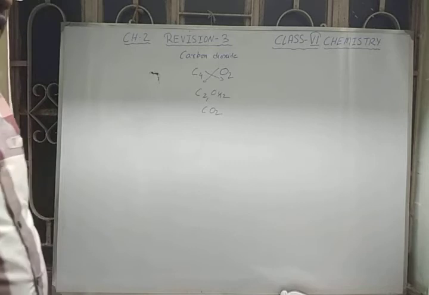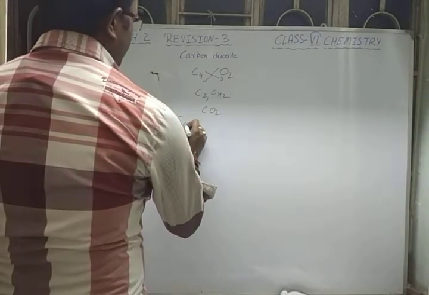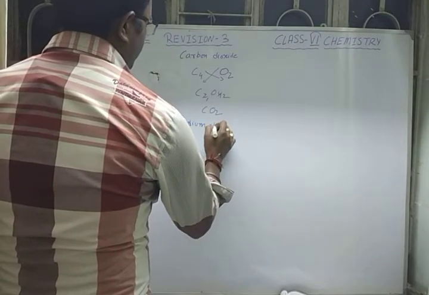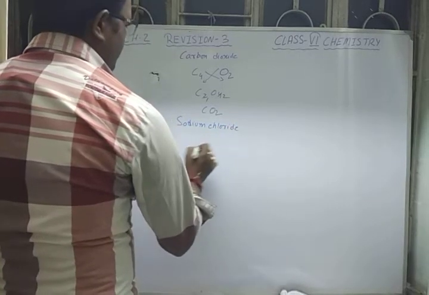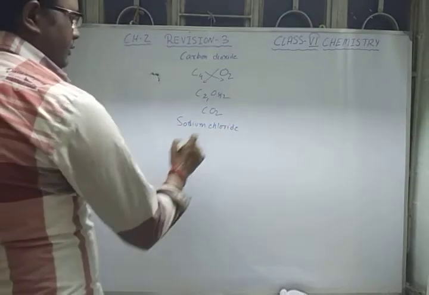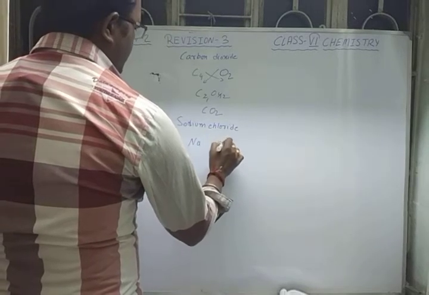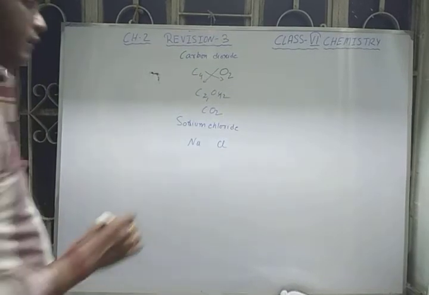Now one more simple formula I want to explain to you, that is sodium chloride. As you can understand from the name, sodium is there and chlorine is there. The symbol of sodium is Na and that of chlorine is Cl. Now sodium has a valency 1.